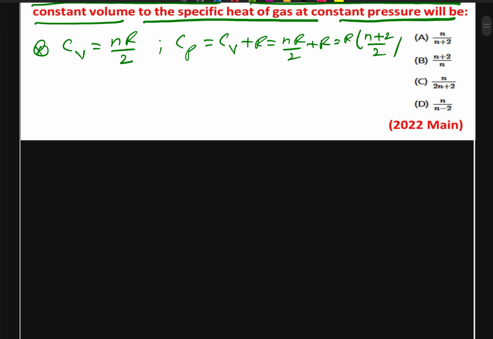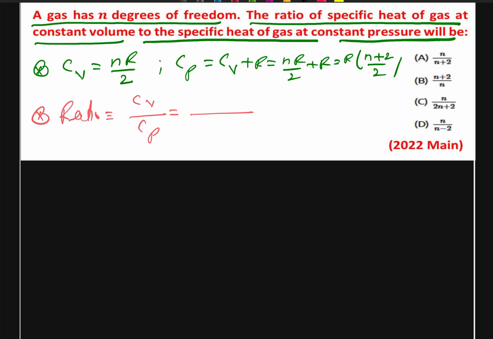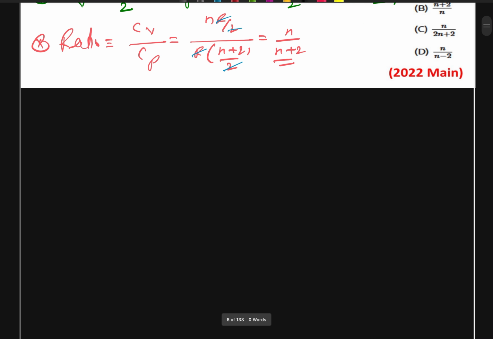And we are required to find the ratio, Cv to Cp. This will be nR upon 2 over R(n plus 2) upon 2. And here R by 2 cancels out. So we get n upon n plus 2. So option A is correct.